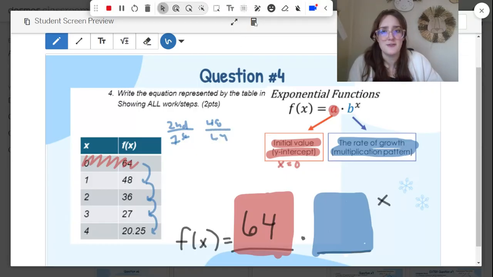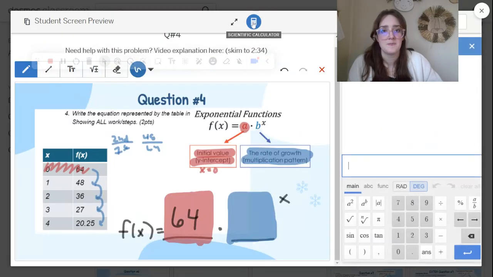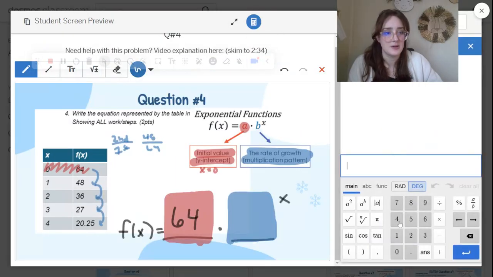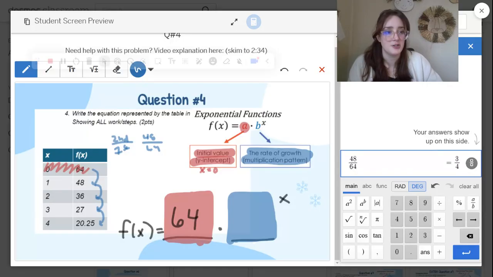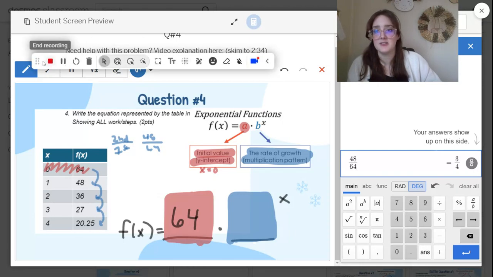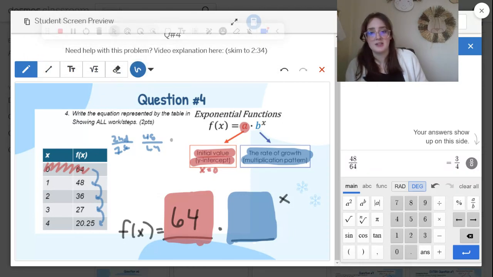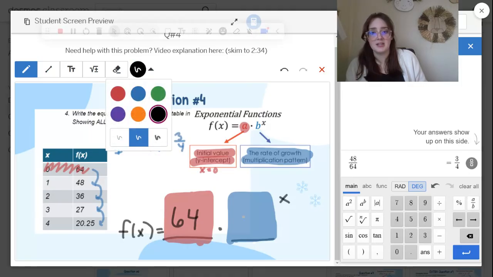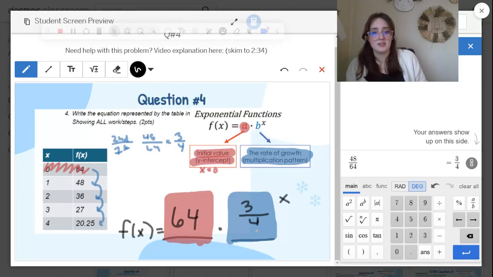And because we've got this fancy little calculator tool here, we can do it this way. So 48 divided by 64, and it will show you what that is as a fraction. Pretty cool, 3/4. That saves us a lot of time. So that's going to be equals 3/4, and we plug it in, 3/4, boom, done.